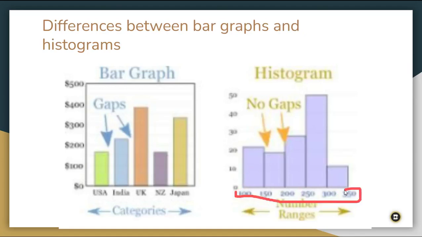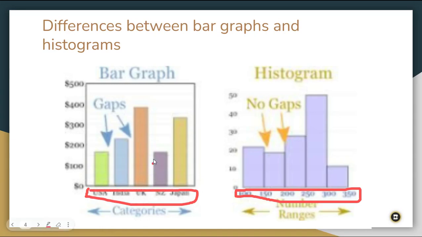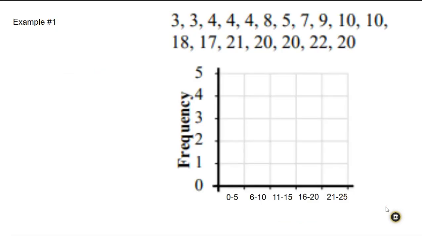You're grouping a bunch of numbers together in a group, versus in a bar graph, where you will usually see categories. So that's also the difference between bar graphs and histograms, other than the fact that bar graph bars have gaps in between and do not touch. But in histograms, the bars do touch, and there is a range of numbers at the bottom instead of categories. All right, let's get into making some histograms here.